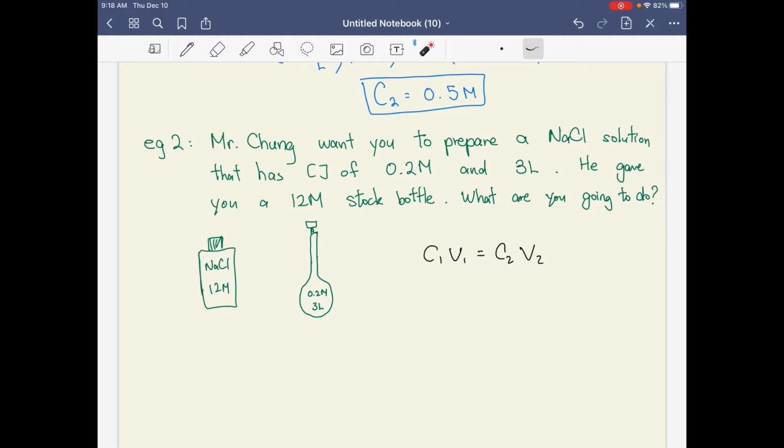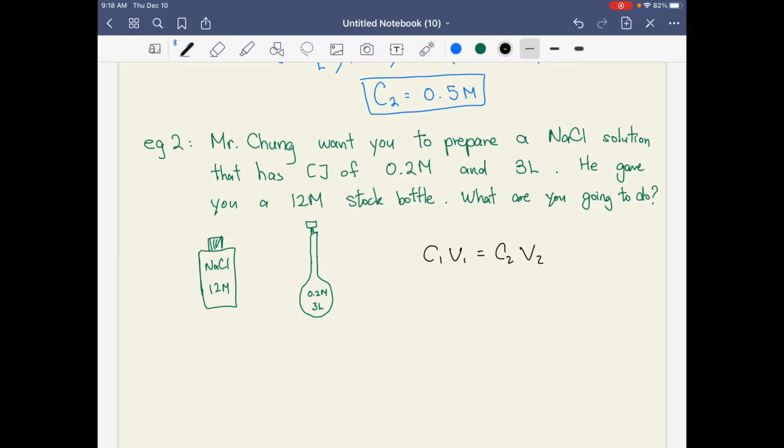So definitely what you're looking for is not C1 and C2. You know your final volume, it is 3. So most likely the variable that you want to find is the initial volume. You want to know how much of this you're going to take out of the stock.